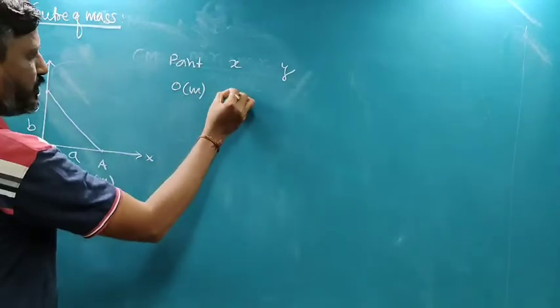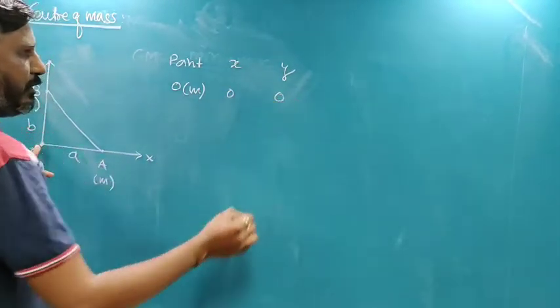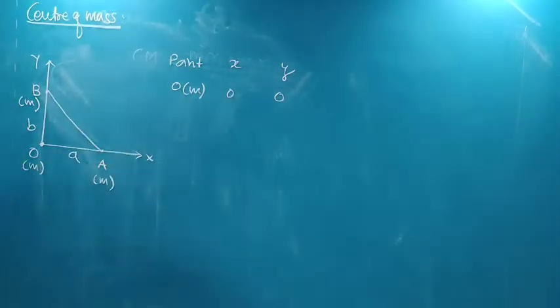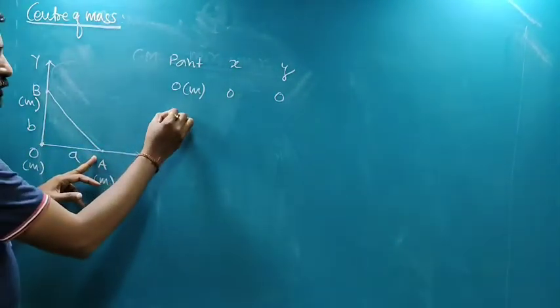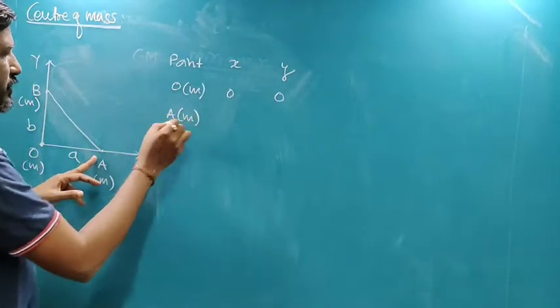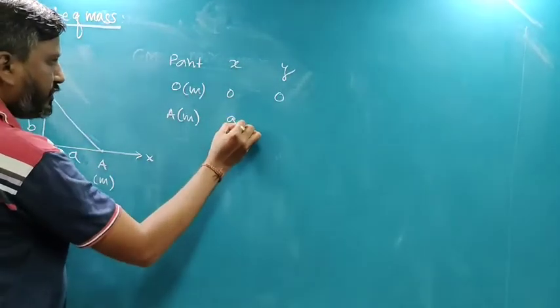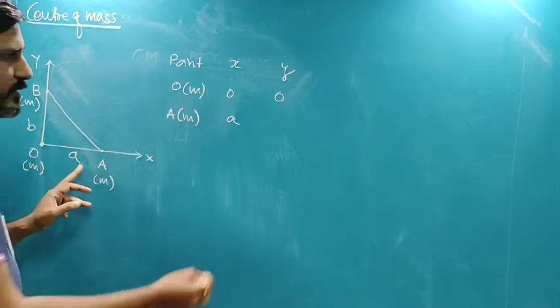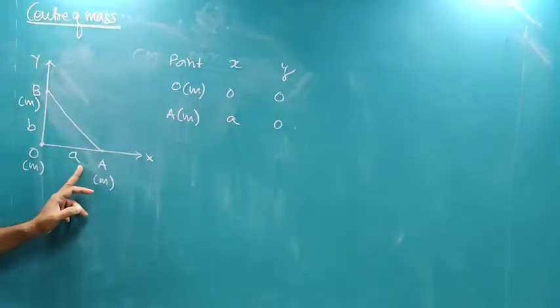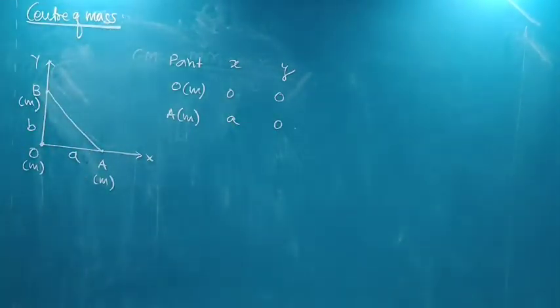This is at the origin. Therefore, from the x-axis its value is 0. From the y-axis its value is 0. Then come to A, whose mass is M. A is situated at a distance small a from the y-axis and 0 from the x-axis, so its coordinates are a and 0.